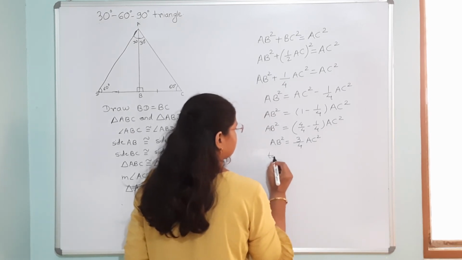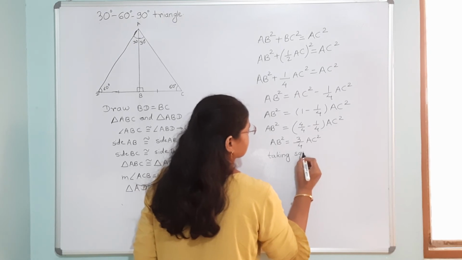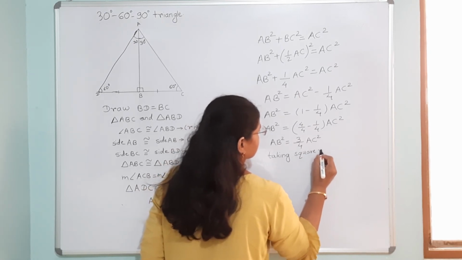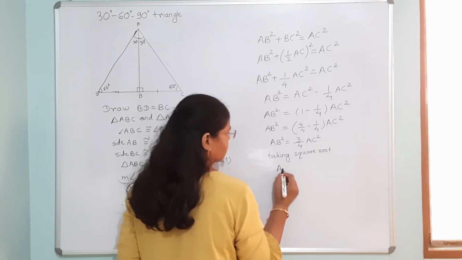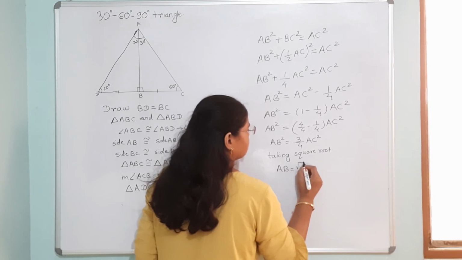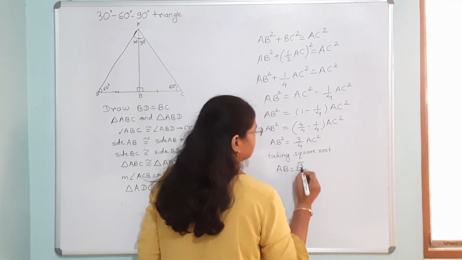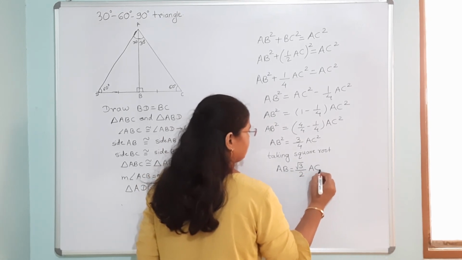Now, taking square root on both sides, we get AB equal to root 3 upon root of 4, which is 2, times AC.